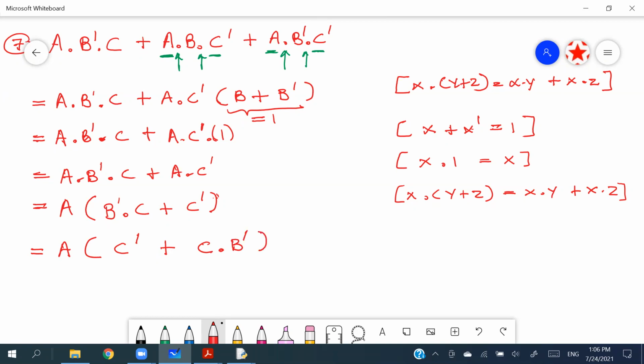And what is the law that I am using to do this? We can use this law: X plus Y can be written as Y plus X, as well as X dot Y can be written as Y dot X.